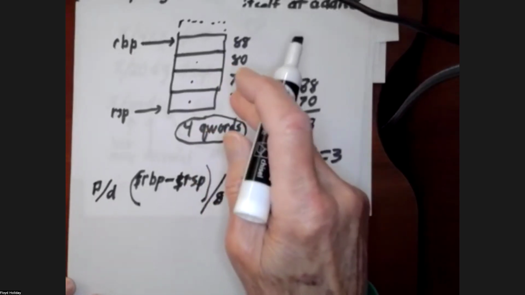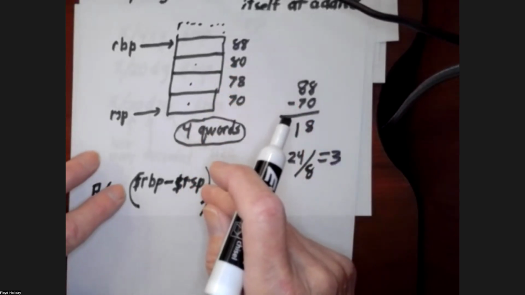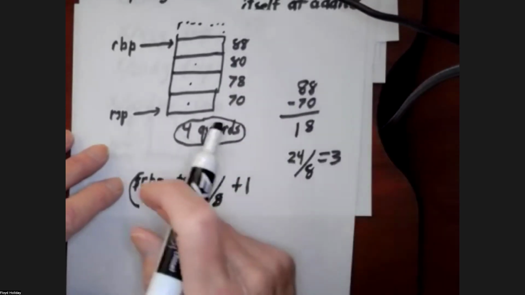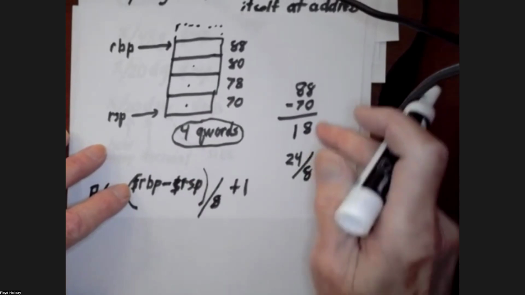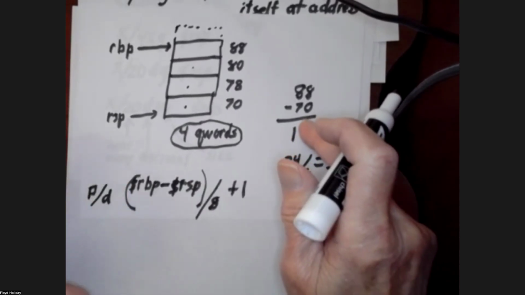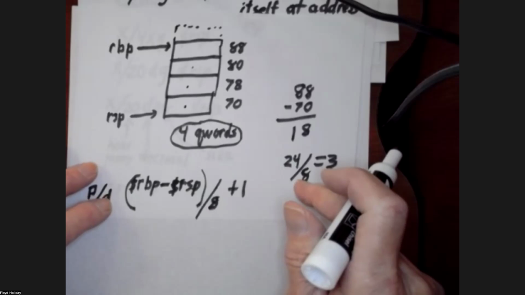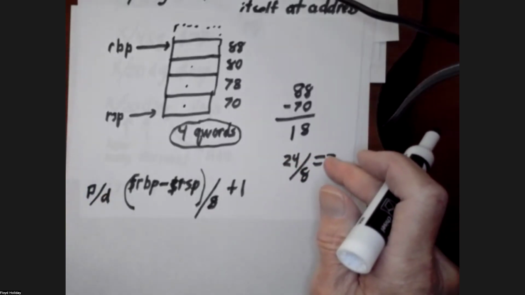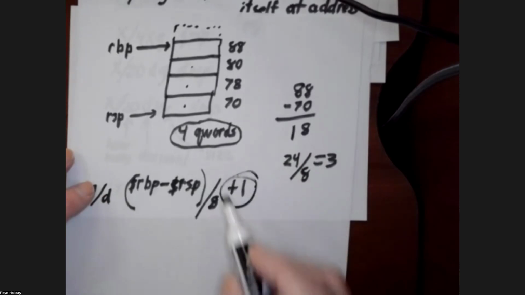That's the formula from back here. If you do this subtraction, large number take away the small number, you get the number of bytes. You divide by 8 bytes per quad word, and you get the number of quad words, but you're off by 1, and that's why this is here.